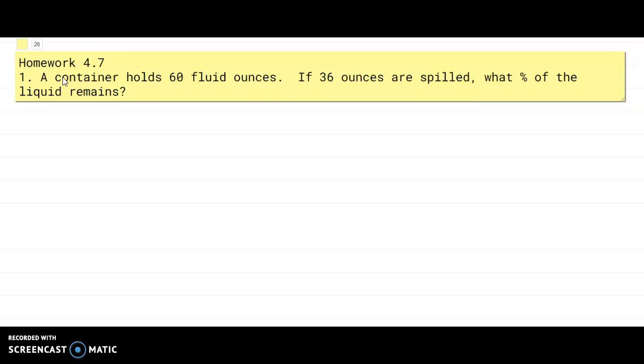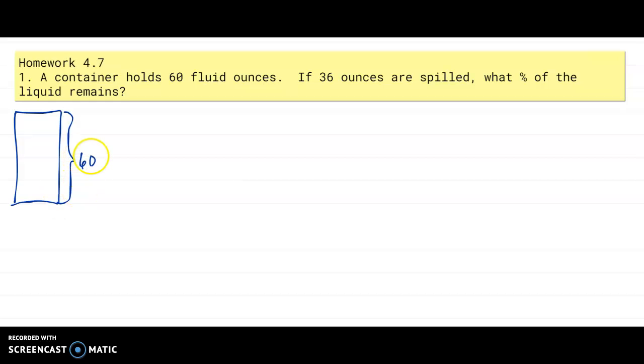So the first thing I'm going to do is find out how many ounces are left in the container. So let me just draw it so it's clear what we're doing here. The whole container, when it's full, holds 60 ounces. And we know that 36 ounces got spilled. So I'll draw that kind of at the top.